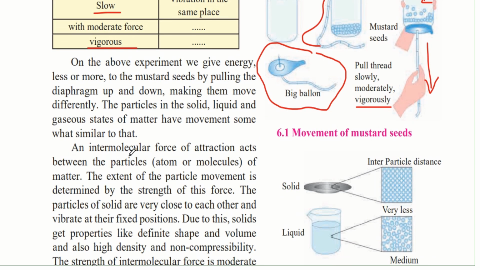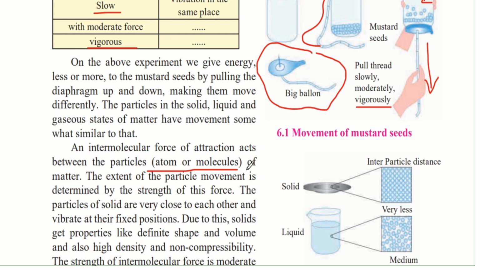An intermolecular force of attraction acts between the particles, that is, the atoms or the molecules of matter. If you see very carefully, within the solid, all the particles are stuck very close to each other, and there is a force of attraction between each and every particle within this substance. The extent of the particle movement is determined by the strength of this force.